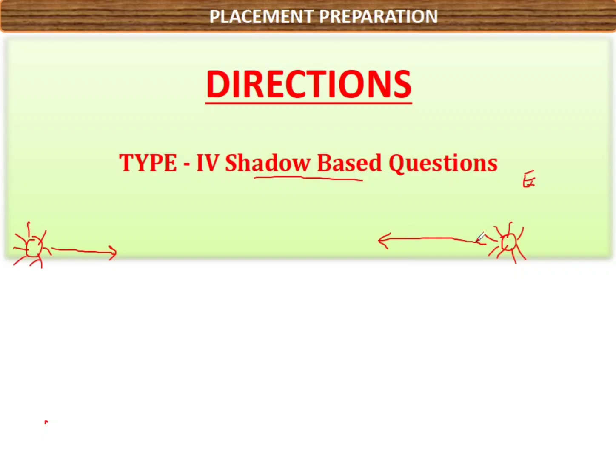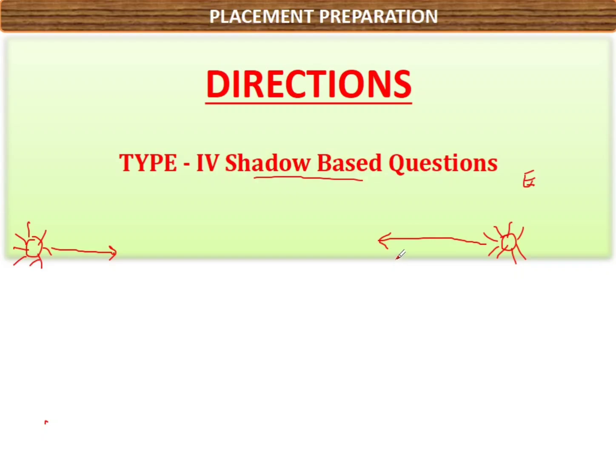What about my shadow? My shadow will fall towards west direction only. Same situation, towards which direction your college principal's shadow will fall? West only. Towards which direction Elon Musk's shadow will fall? Towards west direction only. So please understand, it is not about your shadow, my shadow, somebody's shadow.